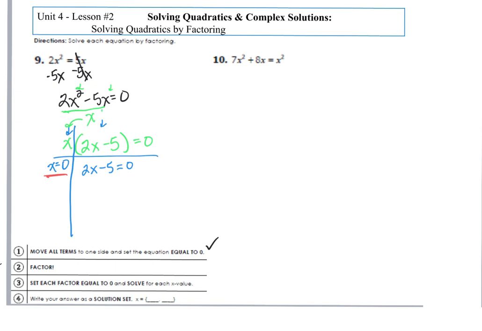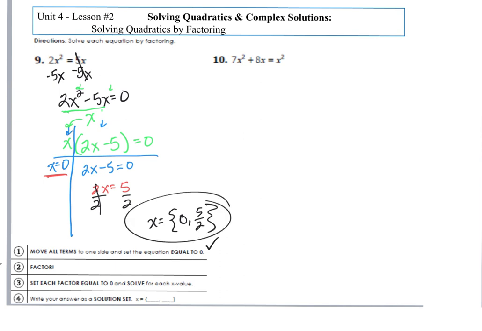For 2x minus 5, we're going to add 5 to both sides so that we get 2x equals 5, and then divide by 2. We don't do decimals here. We just leave it as an improper fraction. So our 2 solutions for x are 0 and 5/2. And that's done.